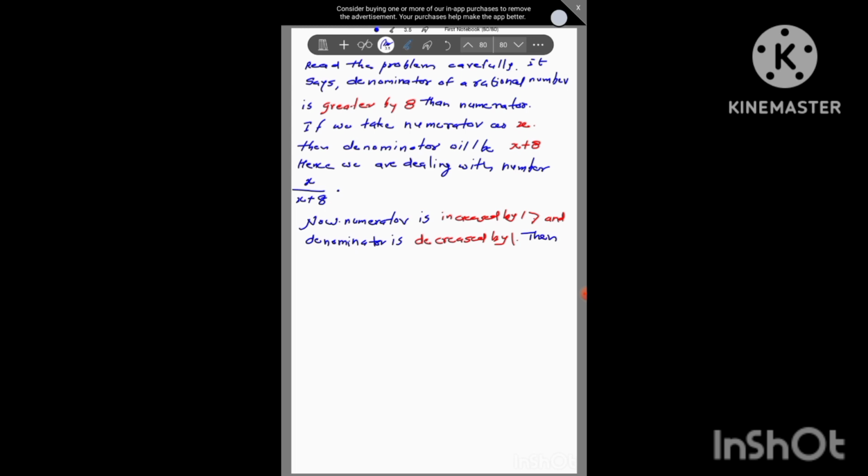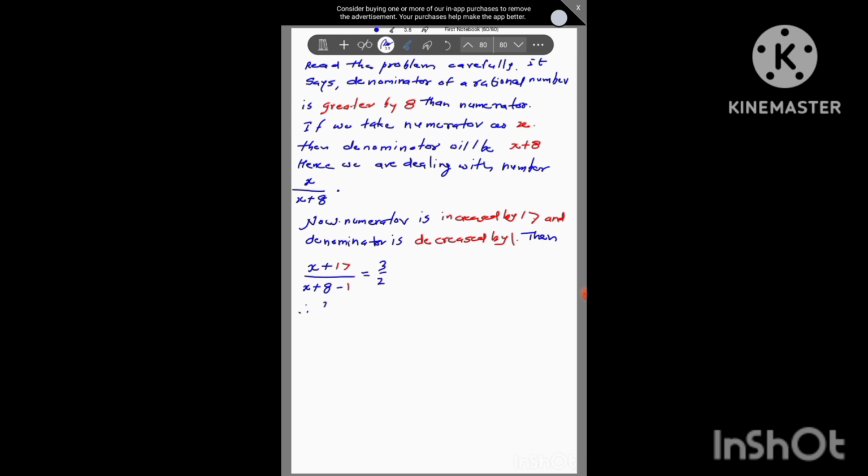Okay, then what we get is (x + 17) divided by, the denominator is (x + 8), and subtract 1 from this. And this number will be 3 upon 2. So we got the equation.